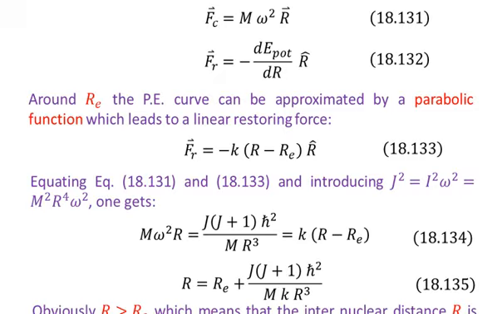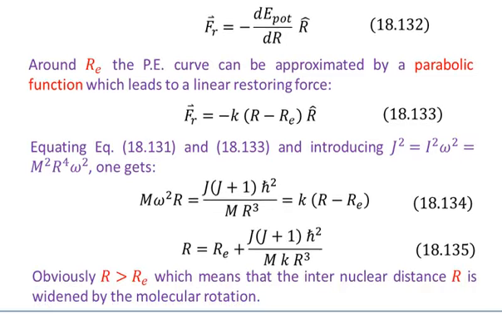So one gets this value. Equate the two equations and then introduce J square. You know that J square can also be written as J into (J plus 1) into h bar square, because J will be treated as the total quantum number of the molecule, and its magnitude will be equal to J into (J plus 1) multiplied by h bar square.